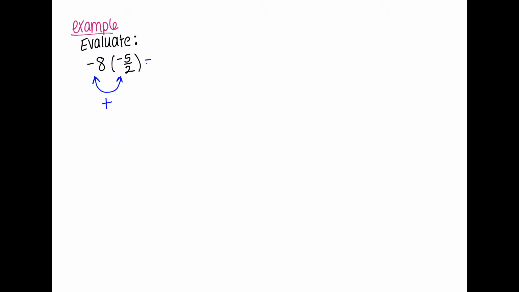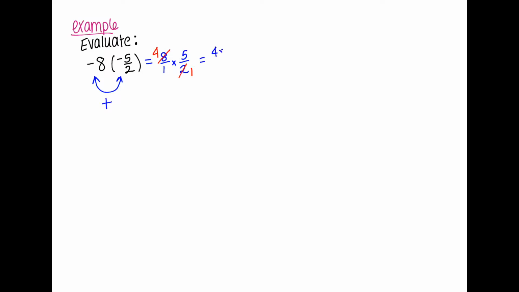Because I know my answer is going to be positive, I'm going to ignore those negative signs. I'm going to write this as 8 over 1 times 5 over 2. 8 and 2, one number on top and one on the bottom, share a common factor of 2. So I'm going to divide both of those numbers by 2 and replace them. 8 divided by 2 is 4. 2 divided by 2 is 1.